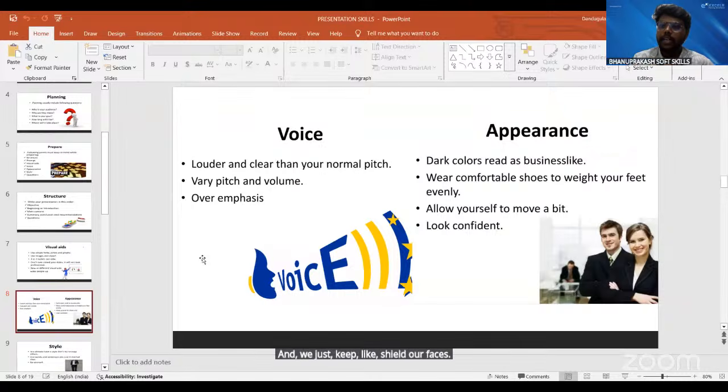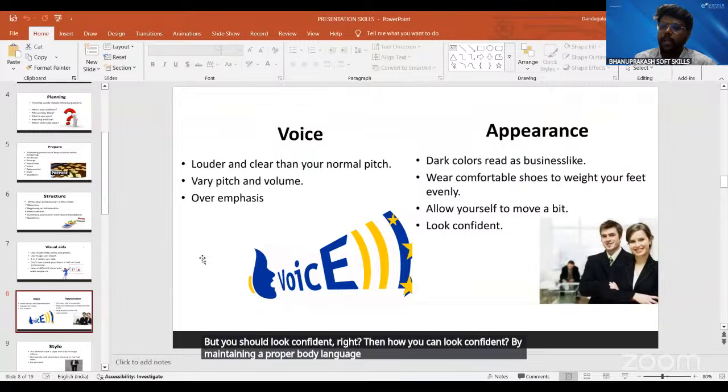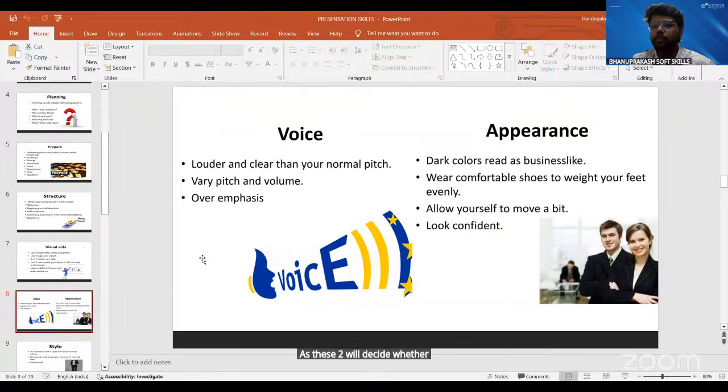All these things indicate that you are feeling nervous, but you should look confident, right? Then how can you look confident? By maintaining proper body language. As we have seen, the most important parts are eye contact and smiling, as these two will decide whether you are a confident person or not. So a smiling face as well as looking into each and every audience member is very important.